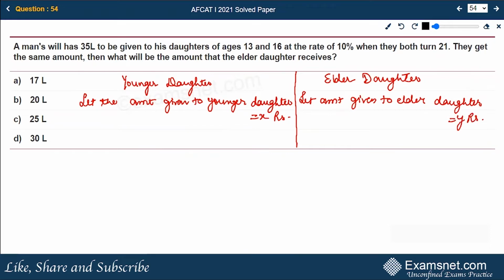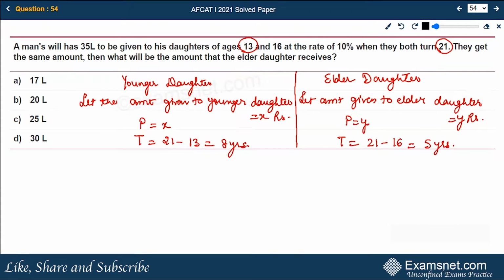So for the younger daughter, the principal amount becomes X, and for the elder one, it is Y. Time. The younger one is 13 currently, and she will receive the money when she is 21. So the time for her is 8 years. The time for the elder one is 21 minus 16, which is 5 years.